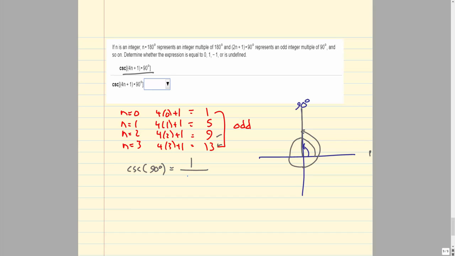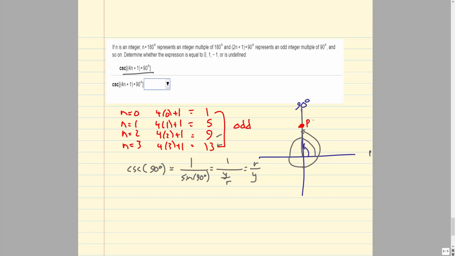Now remember, cosecant is 1 over the sine of 90 degrees. Okay, and the sine of 90 degrees is y over r. So the reciprocal of y over r, because when you divide by a fraction, you multiply by the reciprocal, would be r over y. So let's go ahead and just choose a point on here.